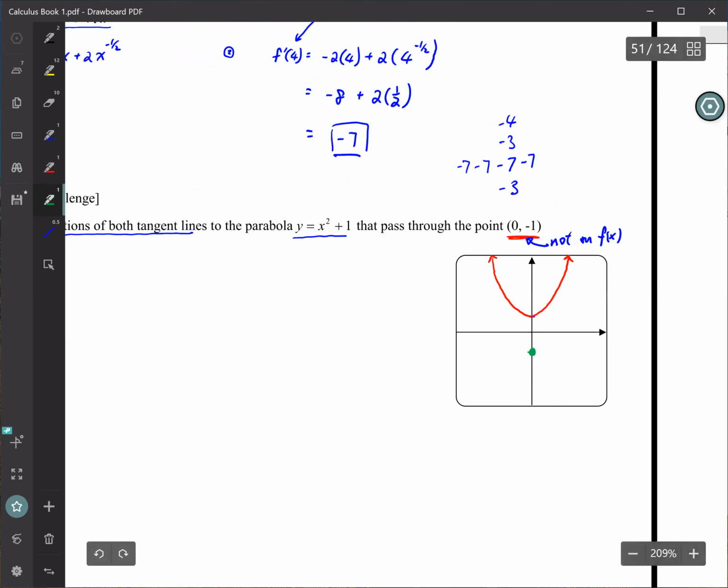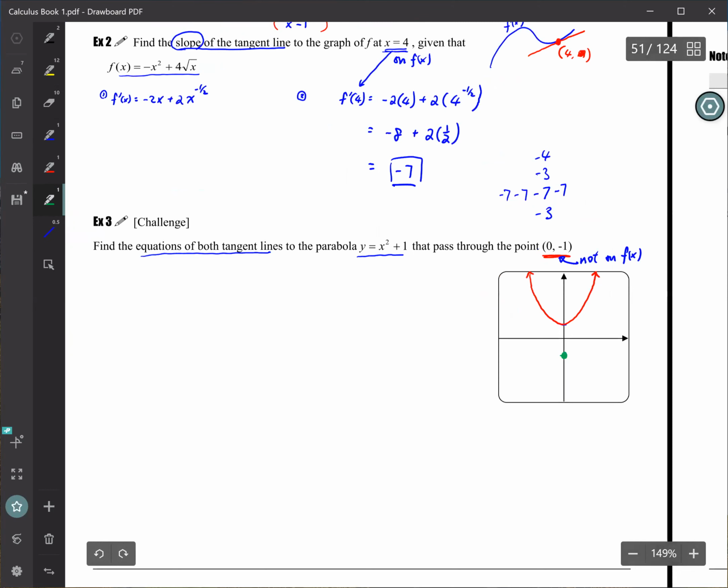It wants you to find the equation of the two tangent lines, right? Both tangent lines touch the parabola and pass through 0, -1. So the passing through is for the tangent line, okay, it's not for the parabola. It's not the parabola that passes through 0, -1. Okay, you want to find the tangent that passes through 0, -1.